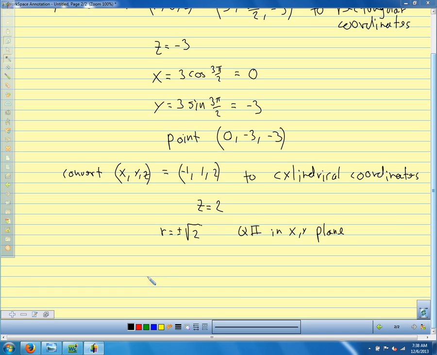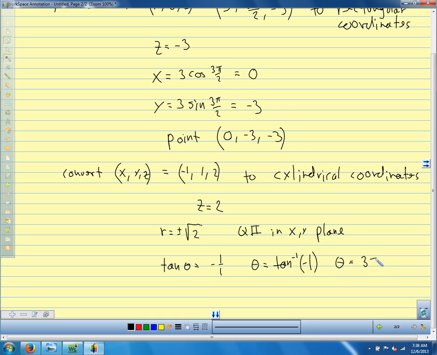So to find theta, what's our conversion? Tangent theta equals -1/1, so we're doing the inverse tangent. Theta equals the inverse tangent of -1, and we need a second quadrant angle. So what's our second quadrant angle with a tangent of -1?